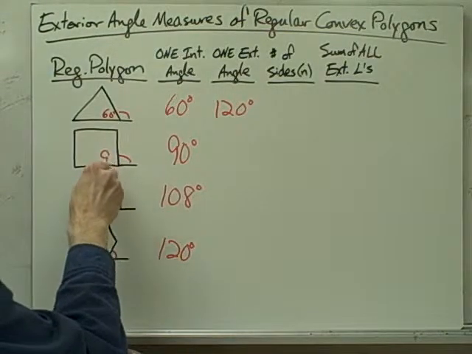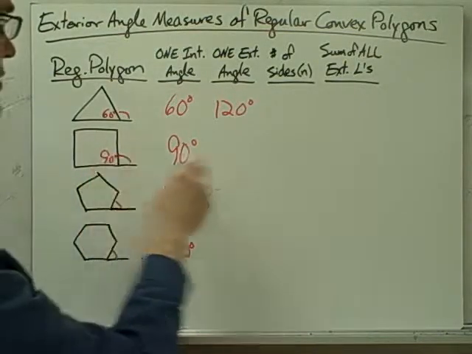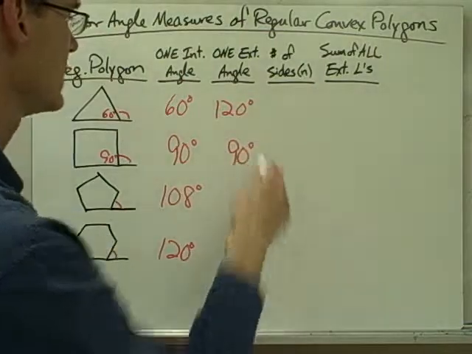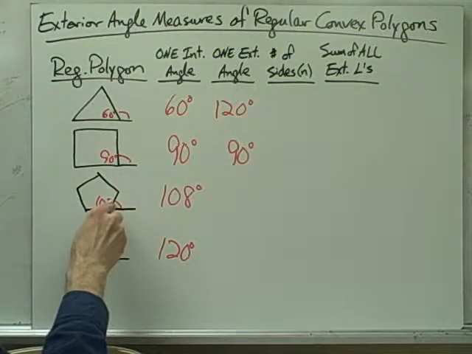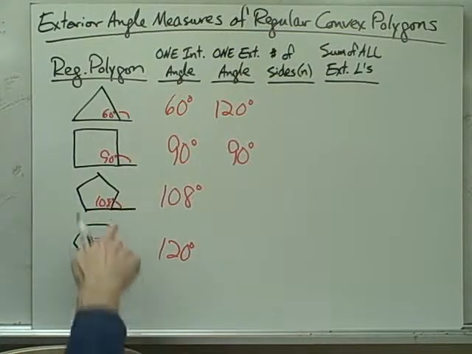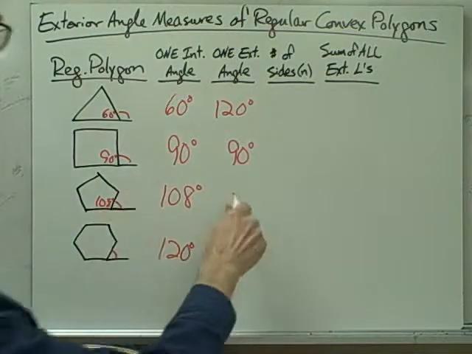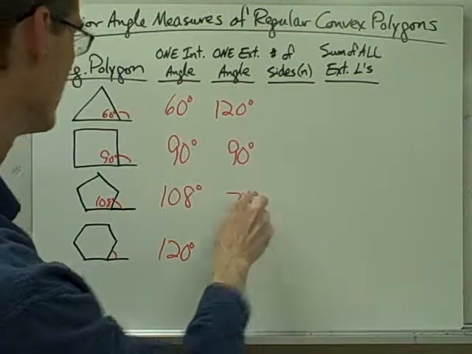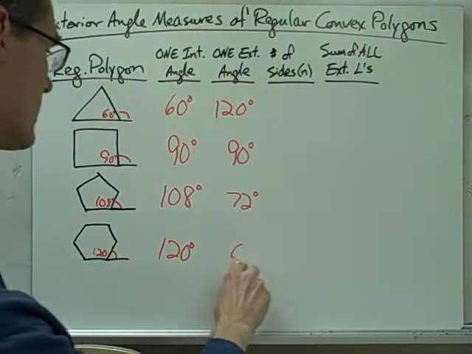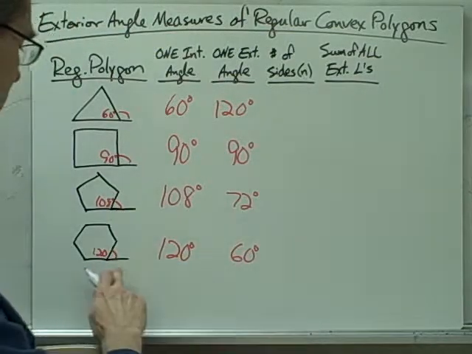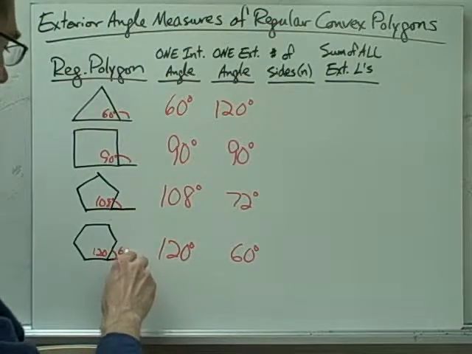If this interior angle is 90 degrees, that exterior angle must be 90 degrees. If this interior angle is 108 degrees, then that exterior angle must be 72 degrees, 180 minus 108. And if this interior angle is 120 degrees, then the exterior angle must be 60 degrees.